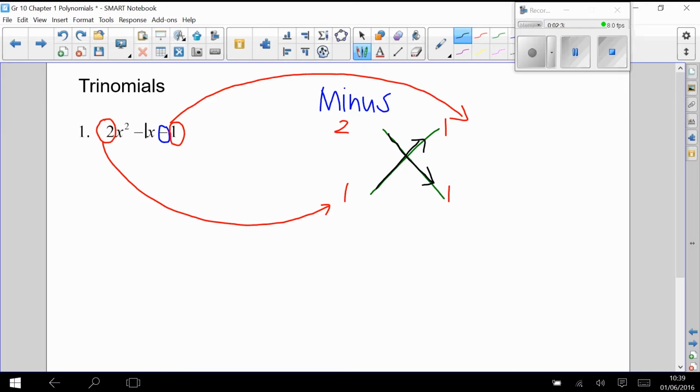All that remains now is for me to figure out which of these needed the minus and which one needed the plus. As my answer is minus 1, and 2 times 1 is the bigger number, the minus goes on that arm, and the opposite sign goes on the other.